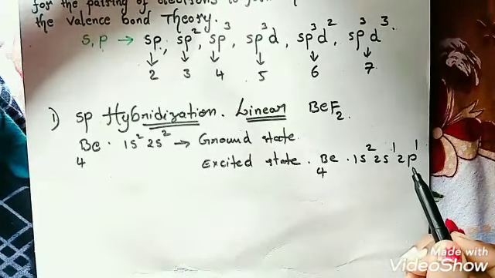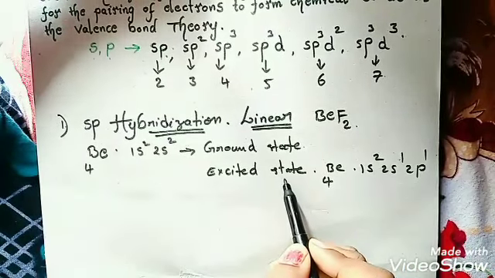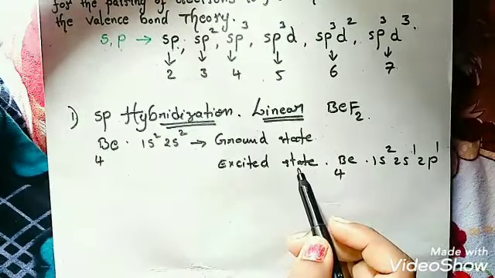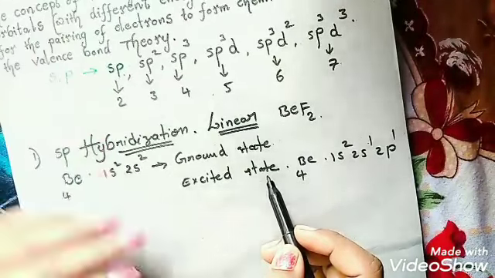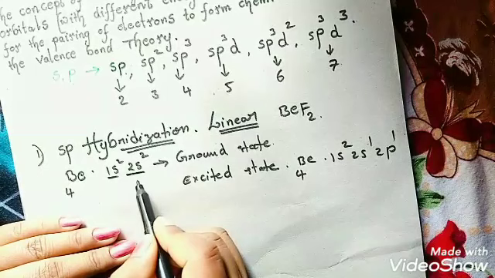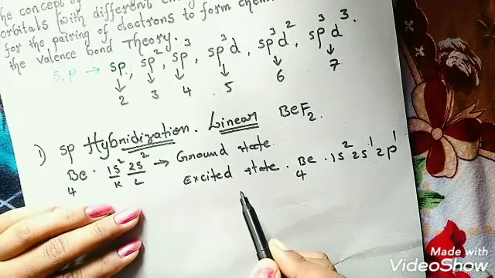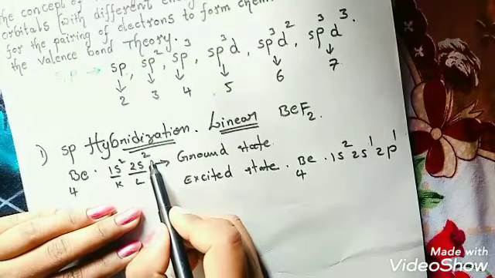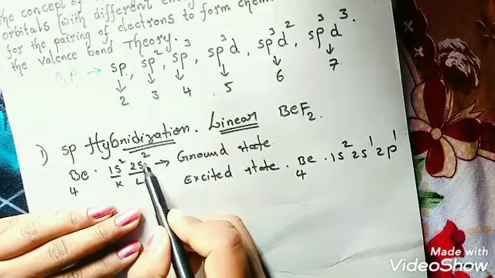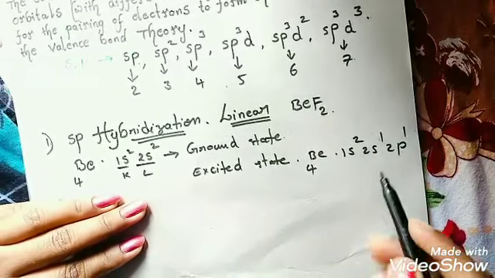Why? Because students, if you see here the electronic configuration, L is the outermost shell. So beryllium has 2 valency electrons. So these 2 electrons are going to participate in the bond.